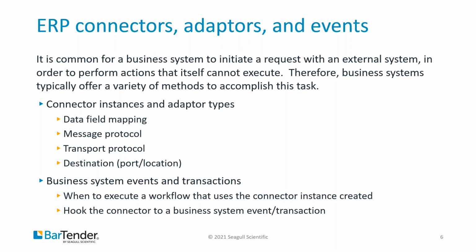Whereas an adapter, I see that as being a type. So if you want to connect to BarTender generically, you would have a BarTender adapter type. Whereas if you want to connect with BarTender in a very particular way, then that's where you have a connector instance that would use a BarTender adapter type.